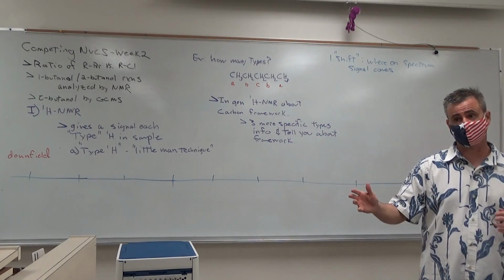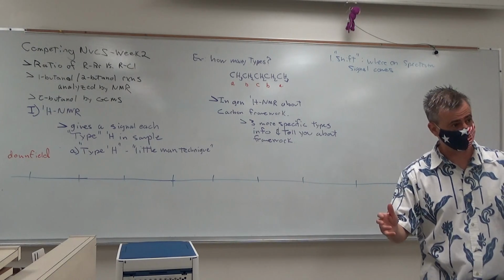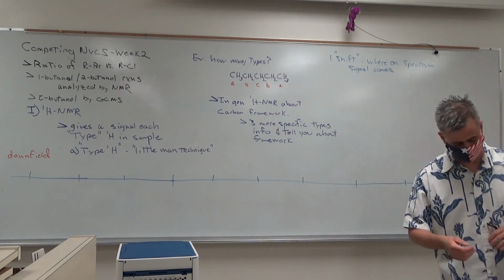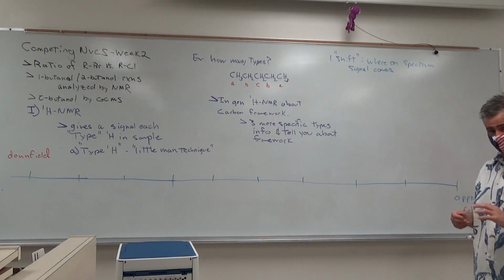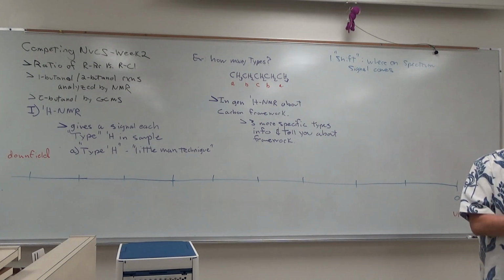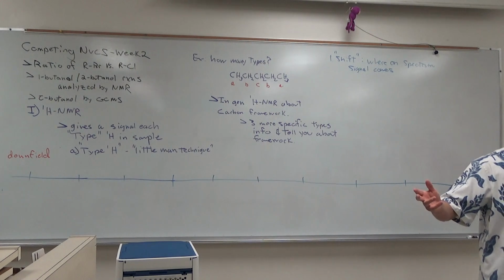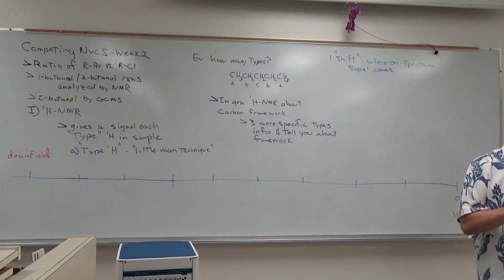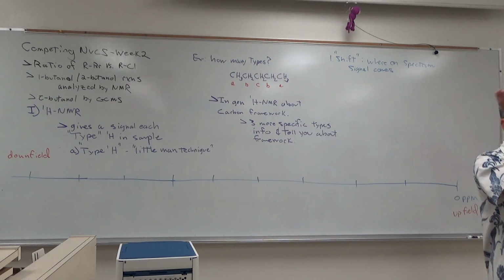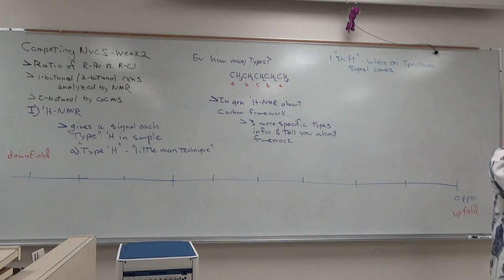When we're not around super electronegative or electron withdrawing stuff, we tend to be more upfield. A simplistic way of thinking about it is you feel the external magnet stronger. You've been stripped of your electron density, which was shielding you from the external magnet, which means when the 90-degree pulse is released, you will resonate back at a higher frequency, because you feel that magnet more.